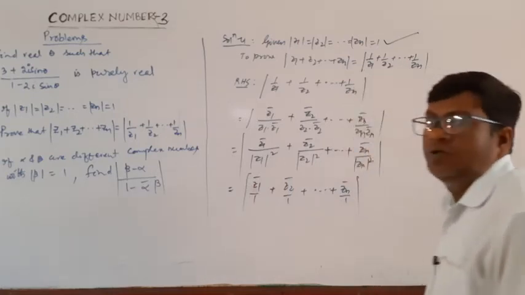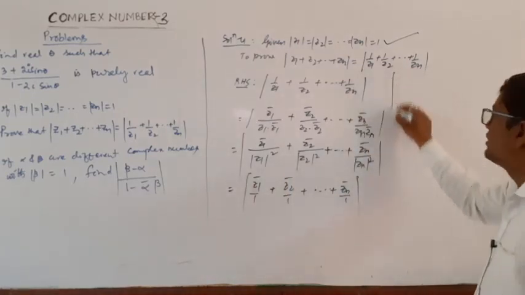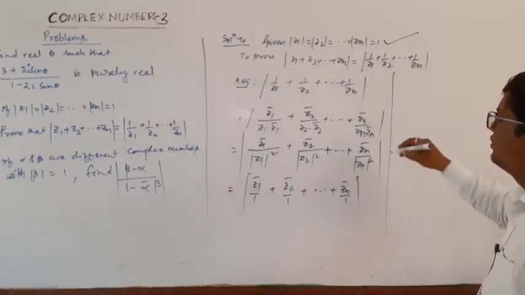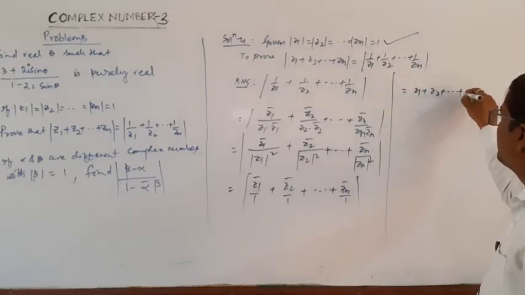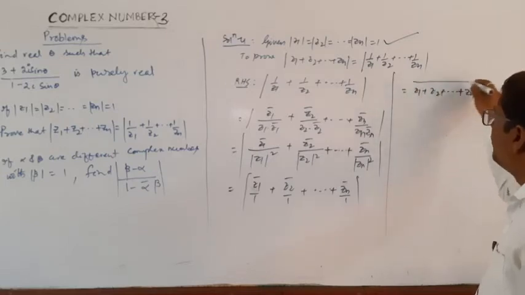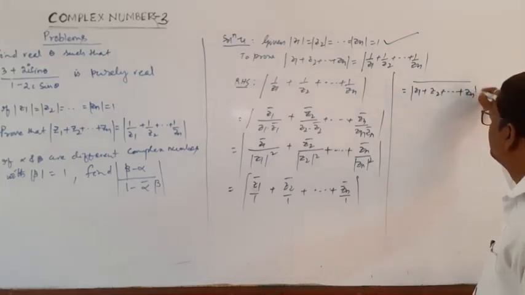So this can be written as |(z1 + z2 + ... + zn) conjugate|.